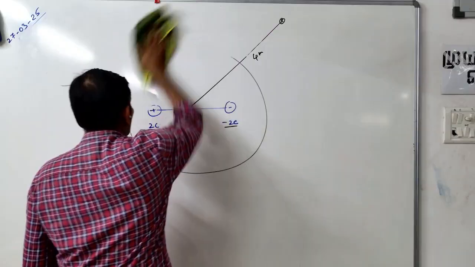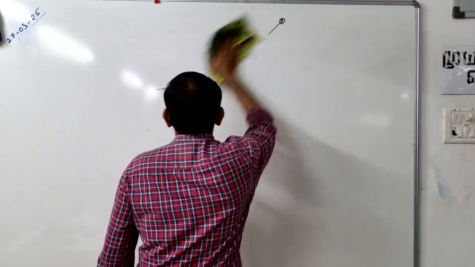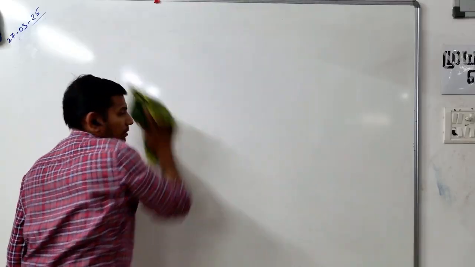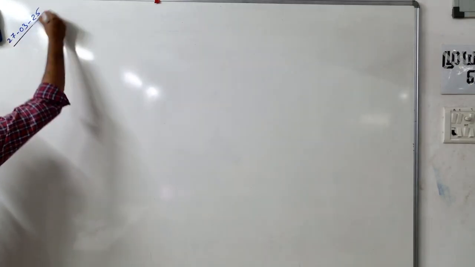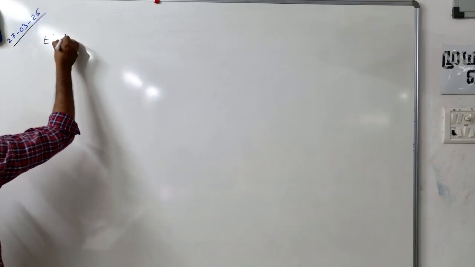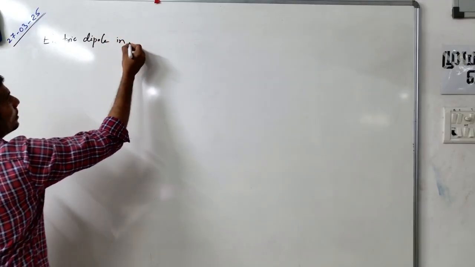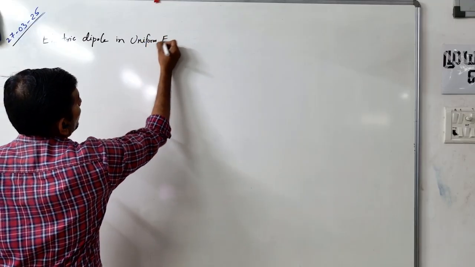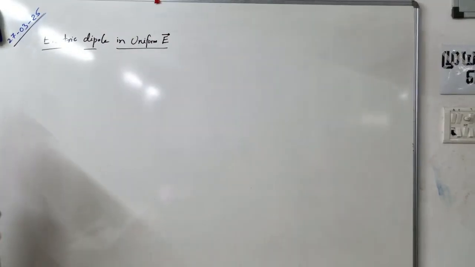So today we are going to derive another important 2-mark derivation with respect to dipoles. So this is called electric dipole in uniform electric field.